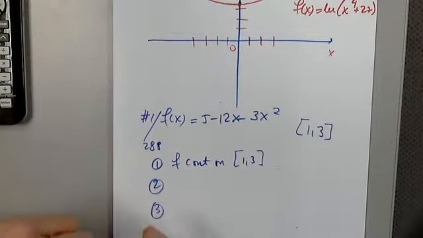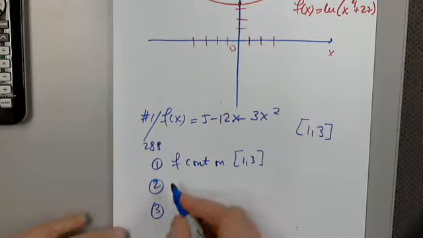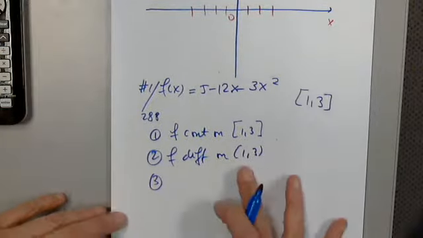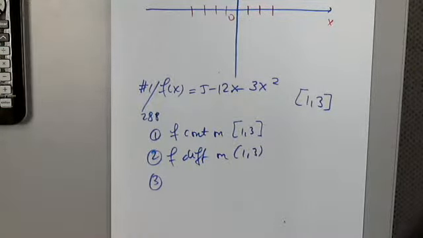That is true because polynomial functions are continuous everywhere. Agreed? Then I will say f differentiable on (1, 3), and we know that f is differentiable everywhere.